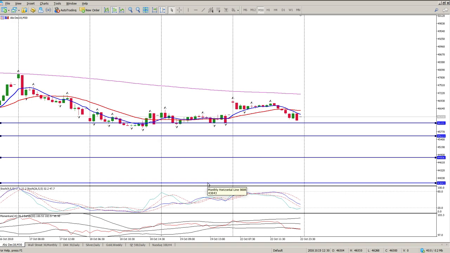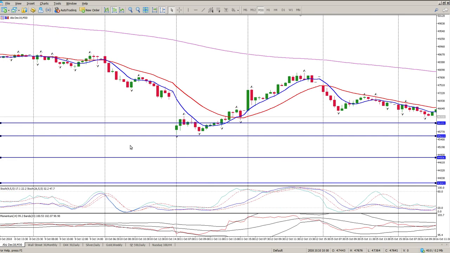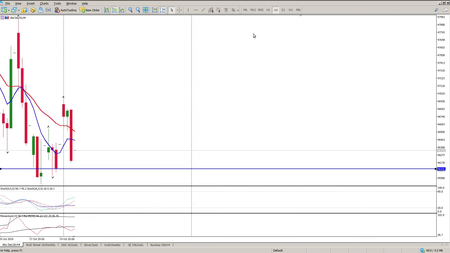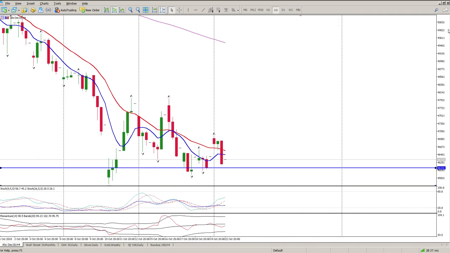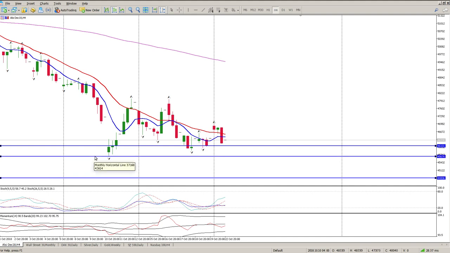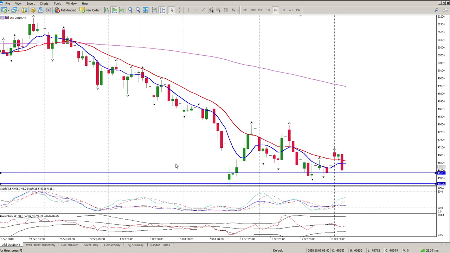And lastly, 43,800. So this level here of 45,600 is the next most logical level, which is this previous low here. So we just tidy that up. So this is our next level, 45,676.